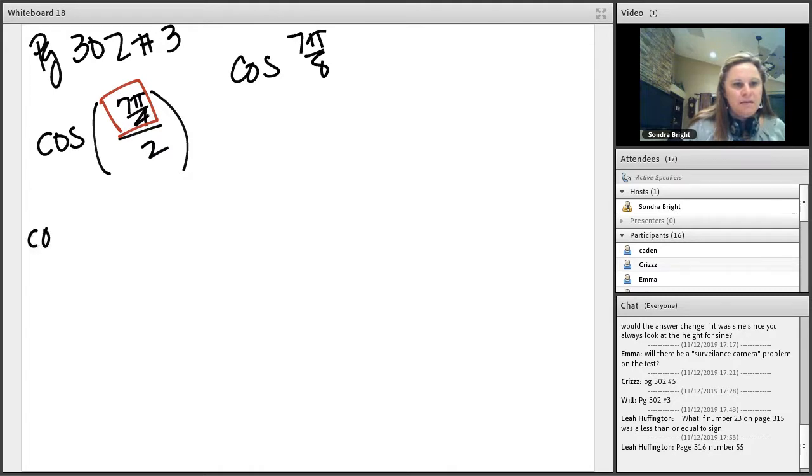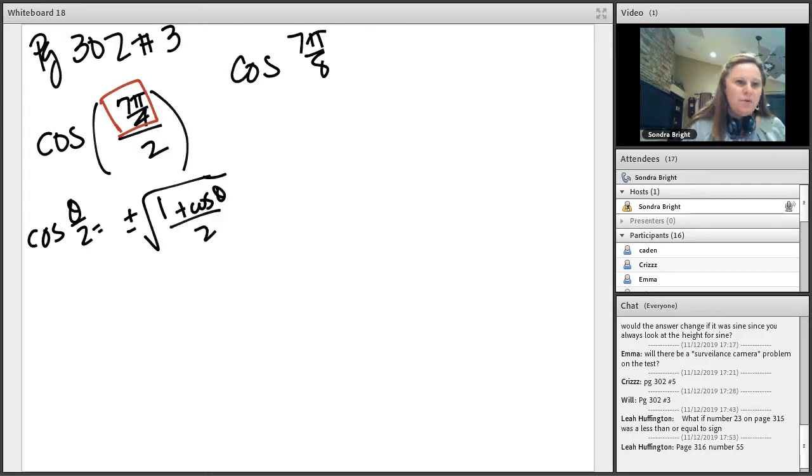Cosine of the half angle is equal to plus or minus the square root of 1 plus cosine of theta over 2, because 7 pi over 4 times 1/2 gives me the 7 pi over 8. So 7 pi over 4 is the theta that gets plugged into your formula.